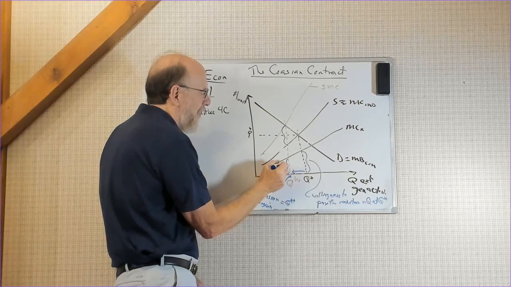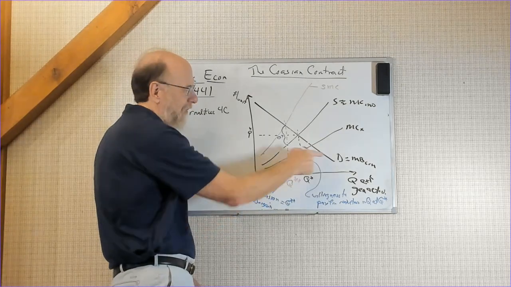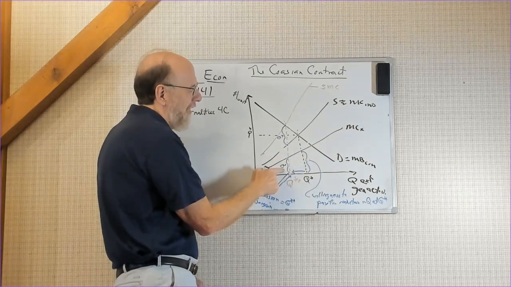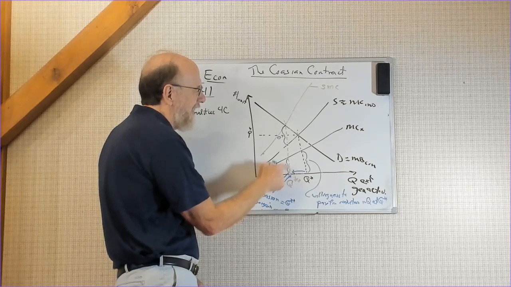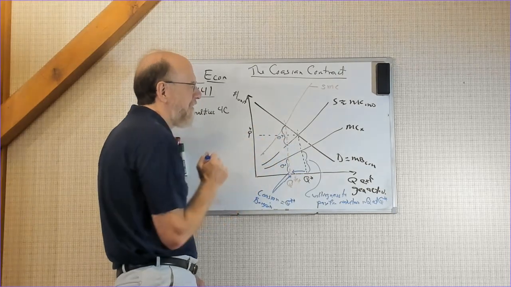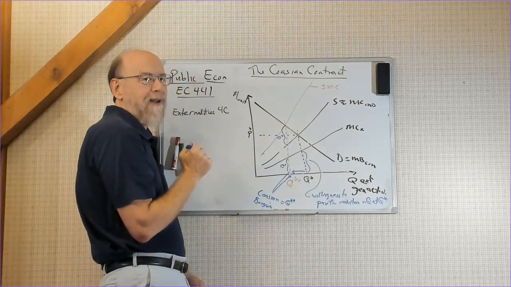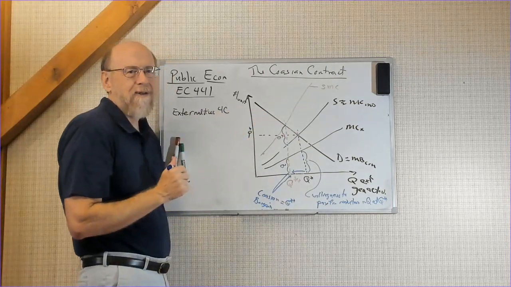Well, I'm just going to call it O prime, the offer made by the third party group, O prime, at Q double star. That is exactly equal to the extent to which the demand curve is above the supply curve at that point, right? And that's from the geometry of how we got this social marginal cost curve.